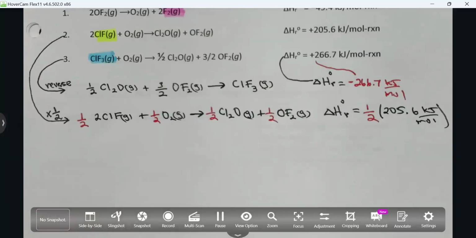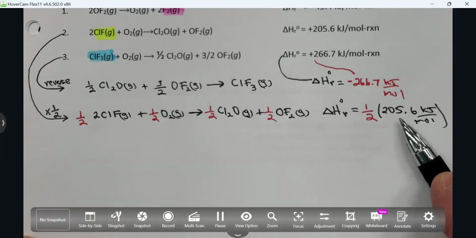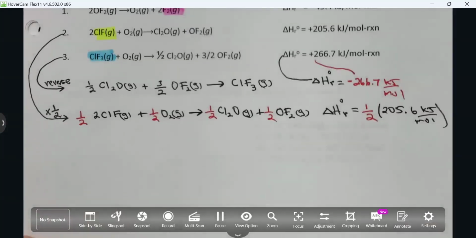So my red 1/2 went all the way through. I multiplied everything through by 1/2, so I'm going to get half the amount of energy input in this case, because it's positive.